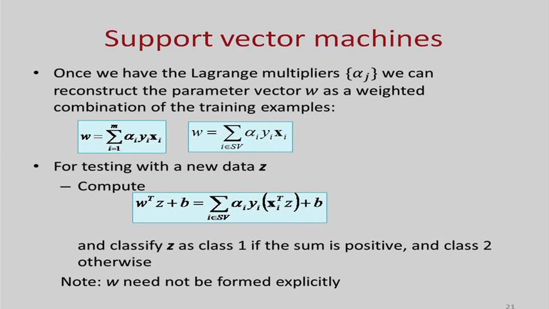Now, you note that W need not be found explicitly, we can just use this expression, and this expression has a very nice property. When you put z, this is alpha I, this is yi, this is xi transpose z. So, you are taking the dot product of the support vector with your test point.